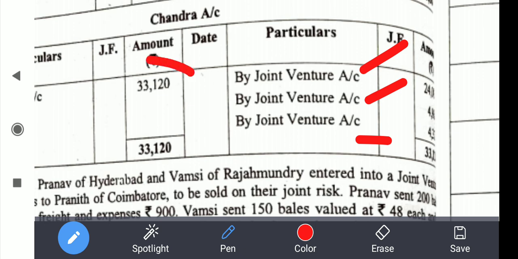The remaining balance should be transferred to the bank account. Okay, this is the procedure to record the journal entries in the books of both the parties.